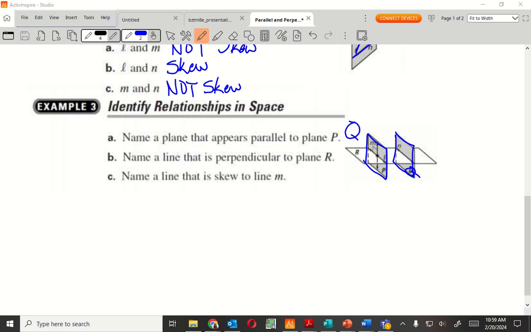Name a line that is perpendicular to R. So the plane is R, which is all of this. So N. And what has to happen for it to be perpendicular?